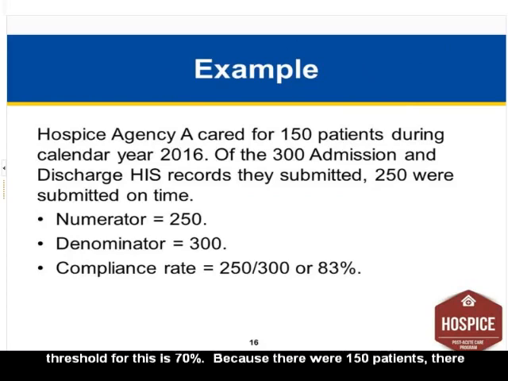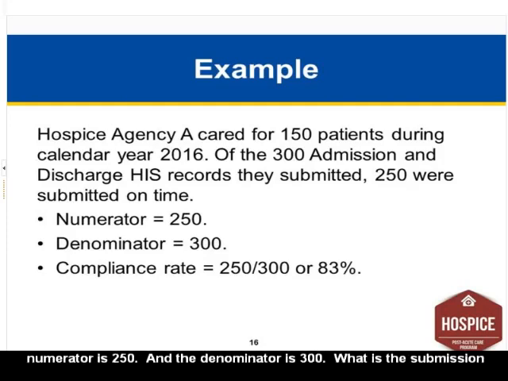Because there were 150 patients, there were 300 records, as each patient would have an HIS admission and HIS discharge record, or 2 records each. Of the 300 HIS records Hospice A submitted, 250 were submitted on time. In our example, the numerator is 250 and the denominator is 300.